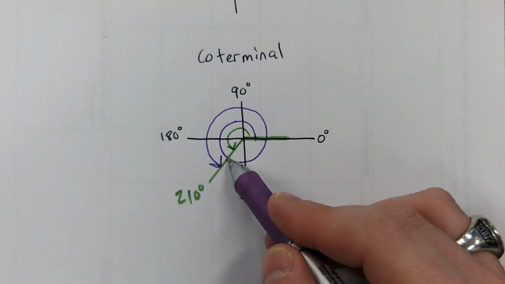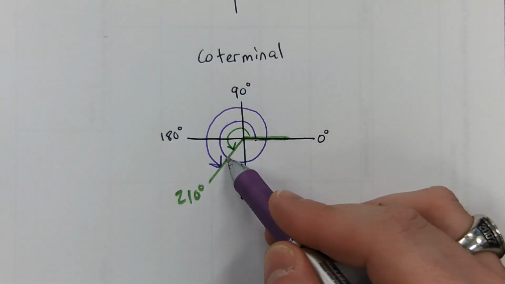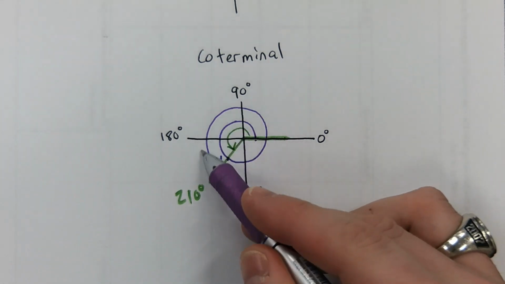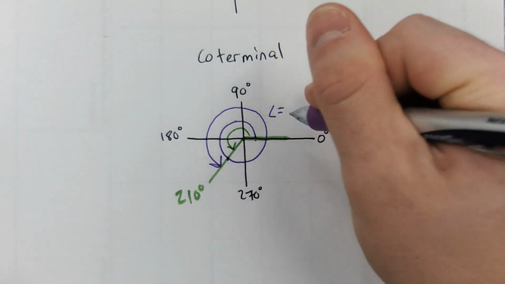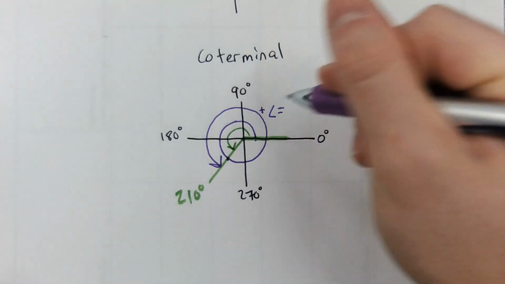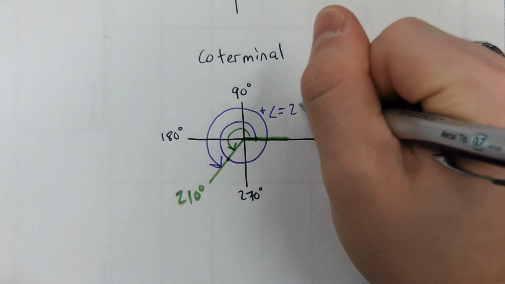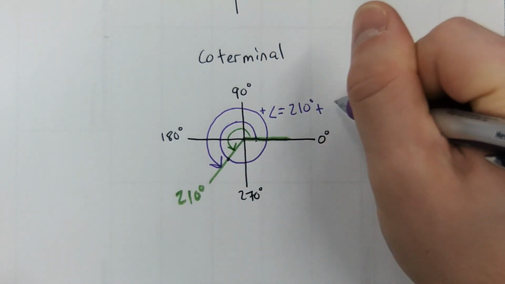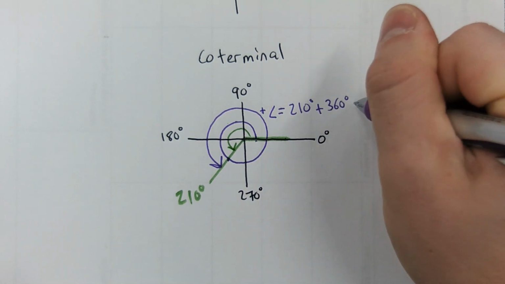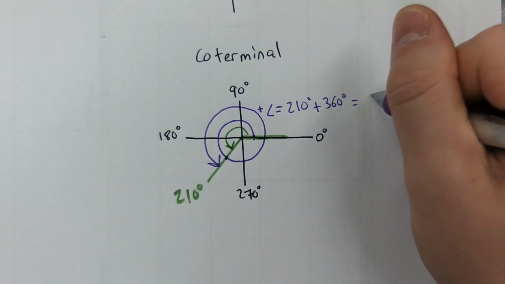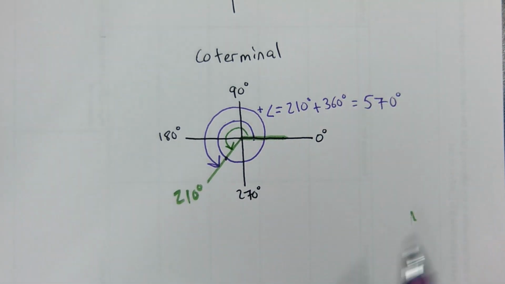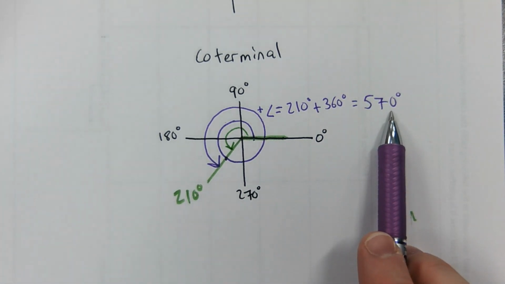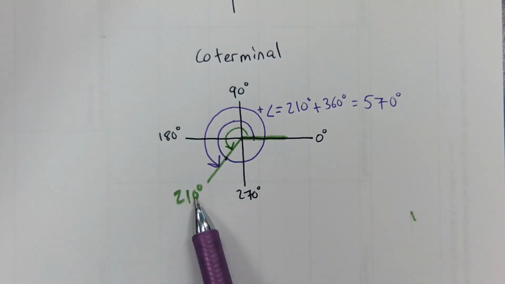And then, because we're nuts, we decided to go another full circle, which gives us this positive angle, the original 210 degrees and another 360 degrees, which is 570 degrees. So the positive angle 570 degrees is coterminal to the positive angle 210 degrees.